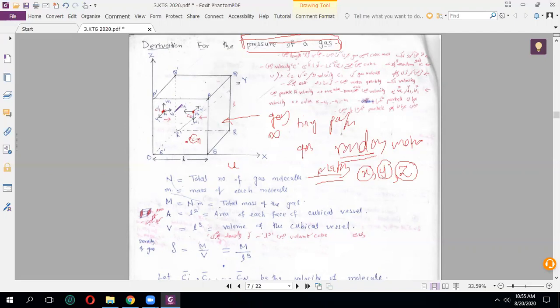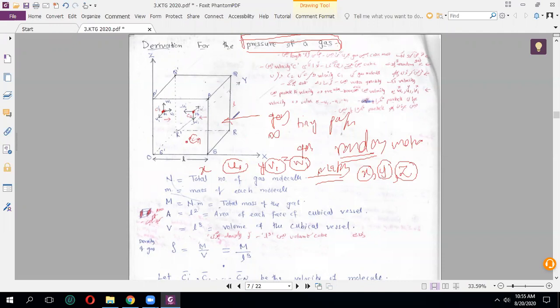Why u1? Because the gaseous particle's speed is c1, so its x-axis speed is also represented with subscript 1. The y direction is represented by the symbol v, and the z direction by the symbol w. So u1 represents the x-axis direction speed, v1 represents the y-axis direction speed, and w1 represents the z direction speed of this gaseous particle.